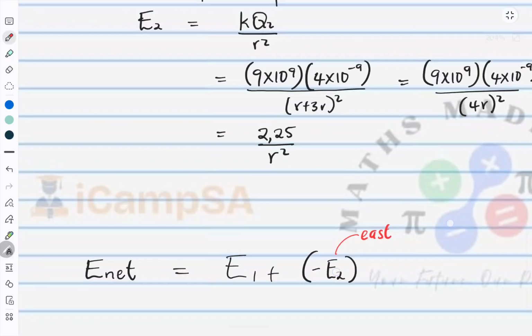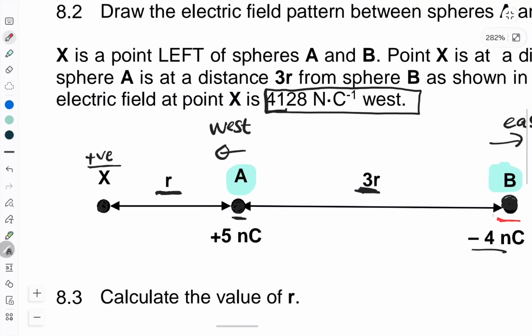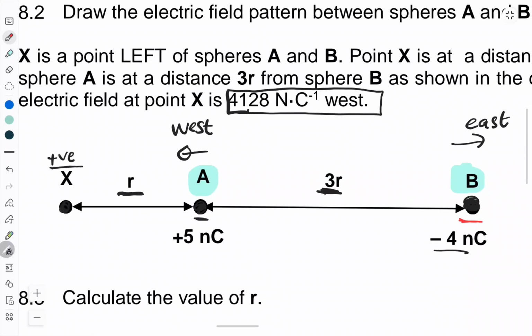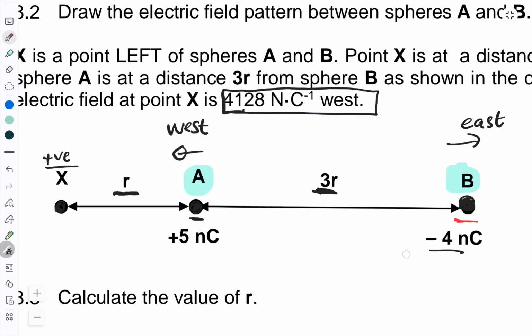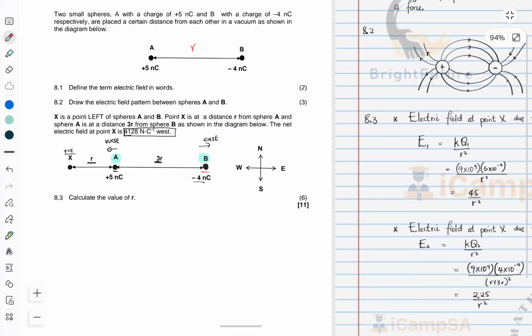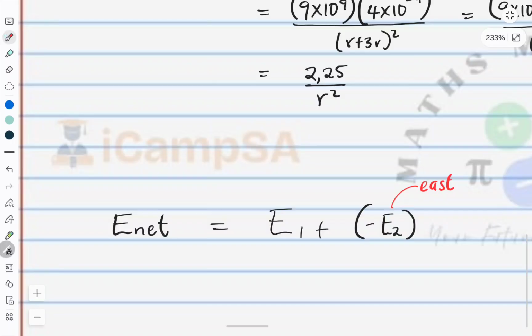E2 is the electric field at point X due to B. And we said that B will pull a positive test charge that we put at X towards the east. So since we're choosing west as positive, when we substitute the electric field contribution for B, we will make it negative because it's going to the east. So we must state it here that we are choosing west as positive.